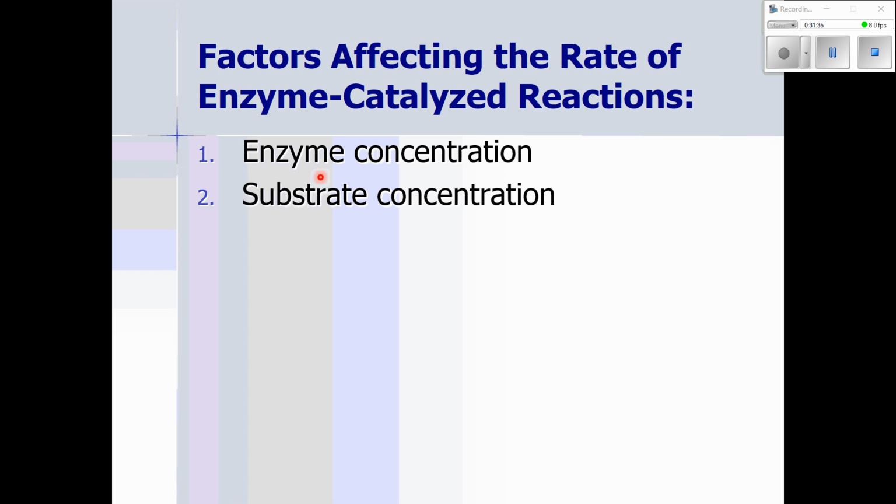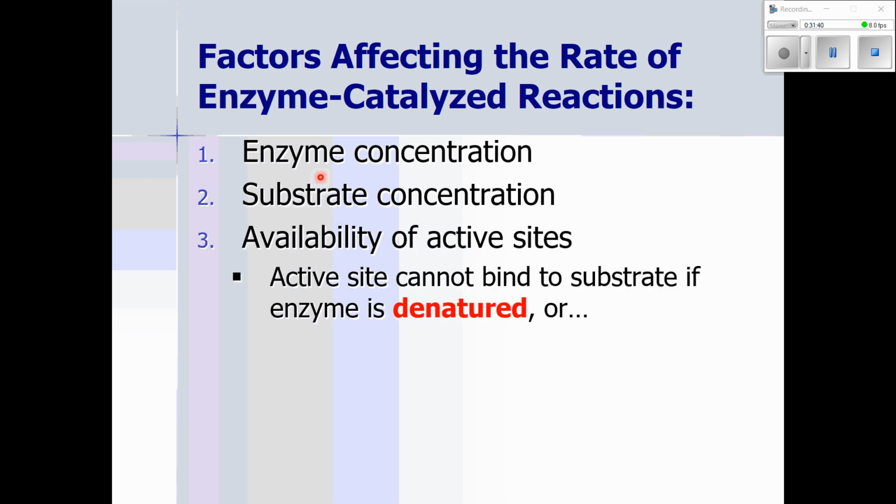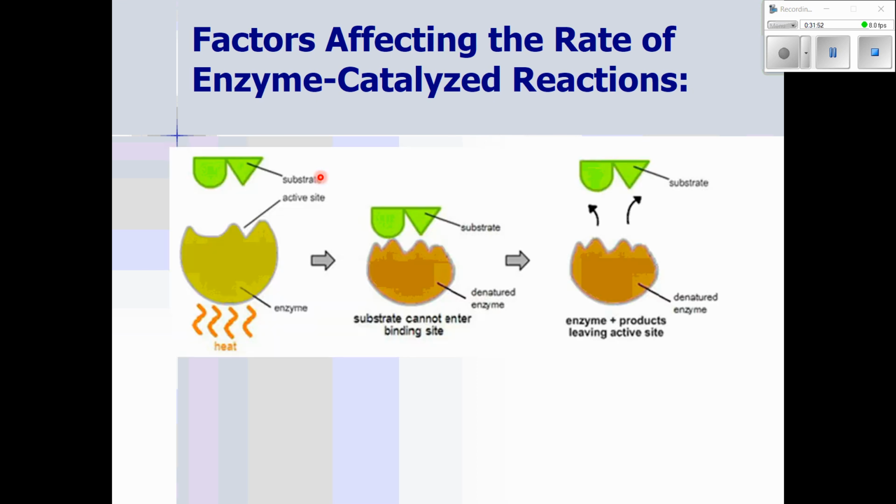But probably one of the biggest factors that affects the rate of these chemical reactions is the availability, now there's a strange word, the availability of the active site. So let's go back and look at the picture. Under normal circumstances, the shape of the substrate will fit perfectly into the shape of the active site. And when those two fit together, the chemical reaction will take place.